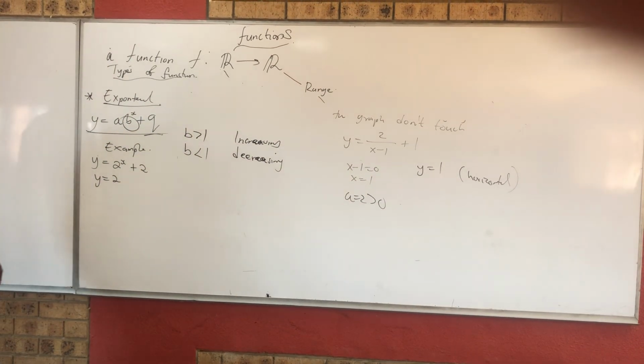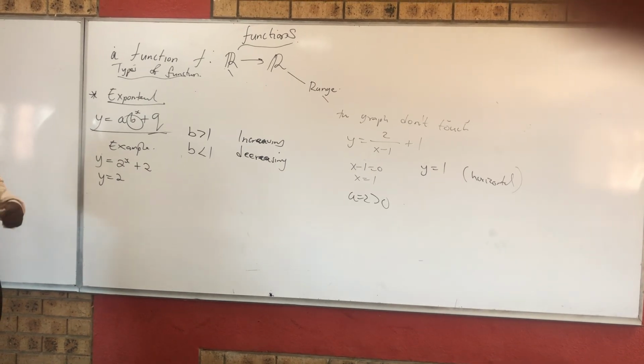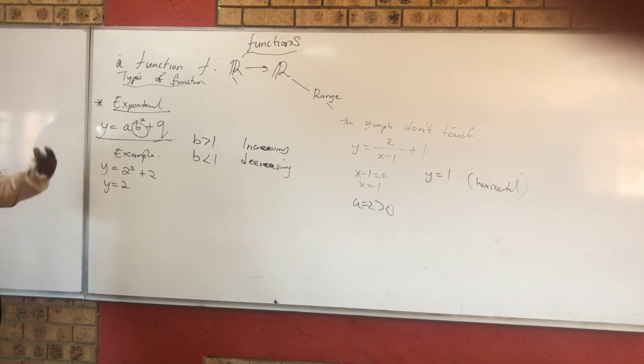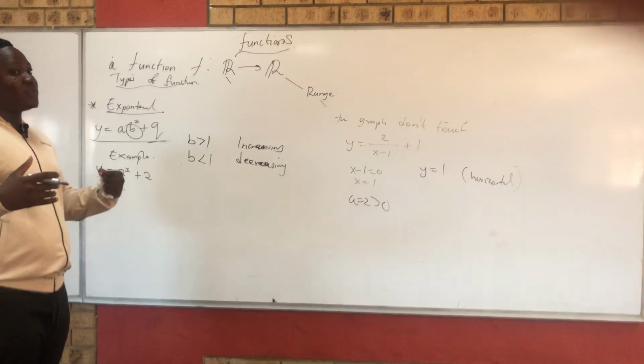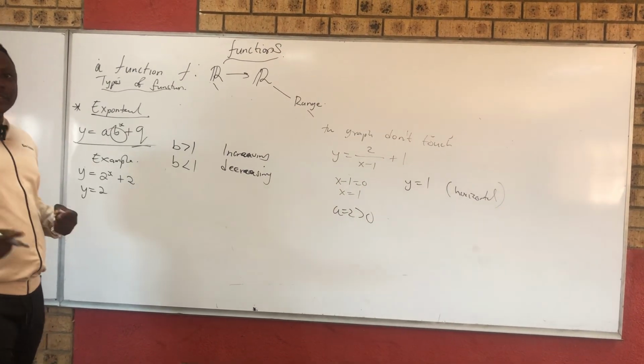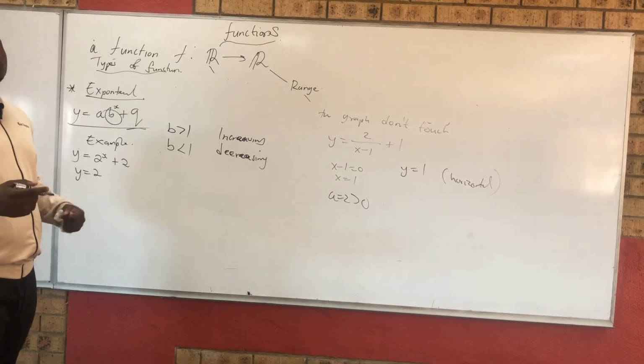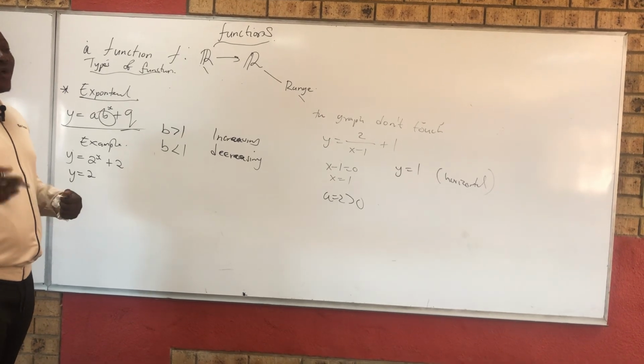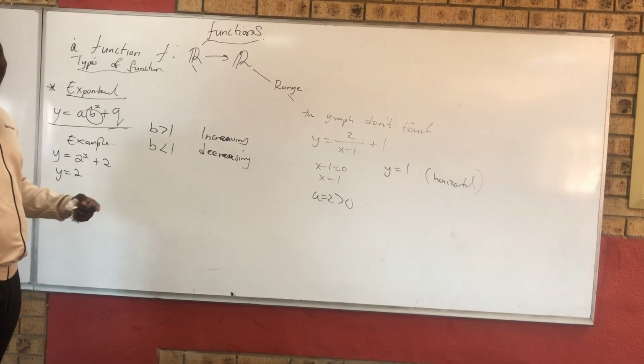This is something that you need to know as well, because these graphs also have aspects of increasing and decreasing, and it's important for you to know when the graph increases and when the graph decreases.